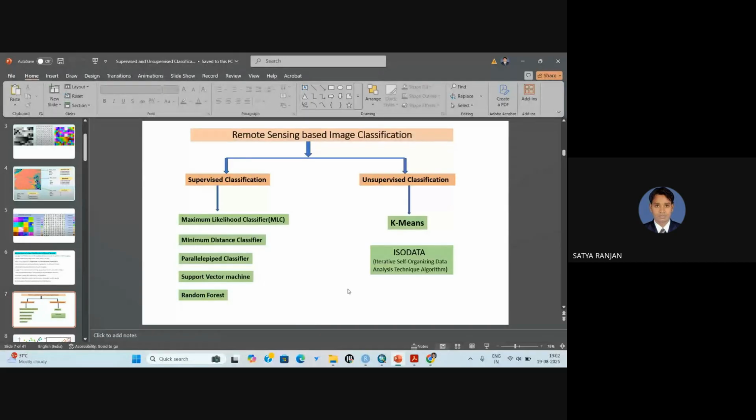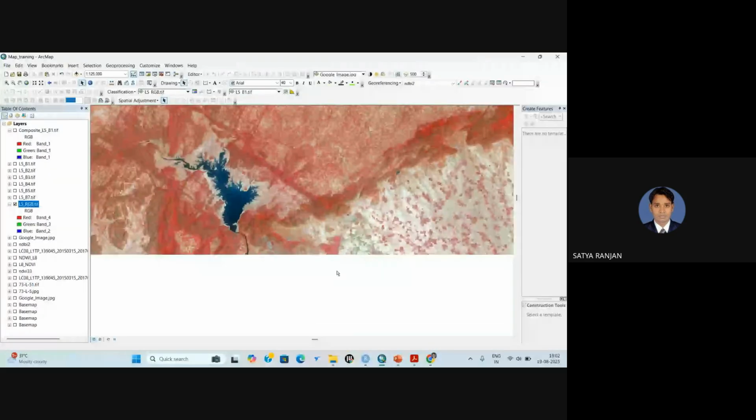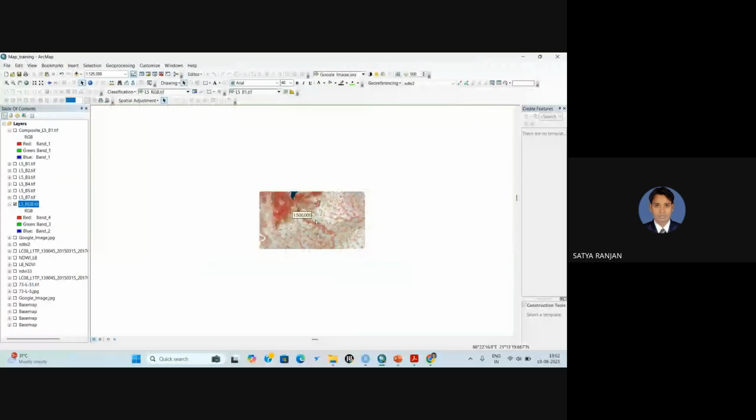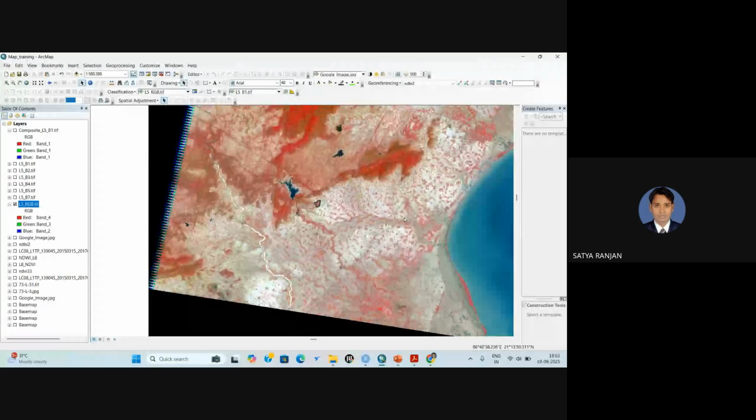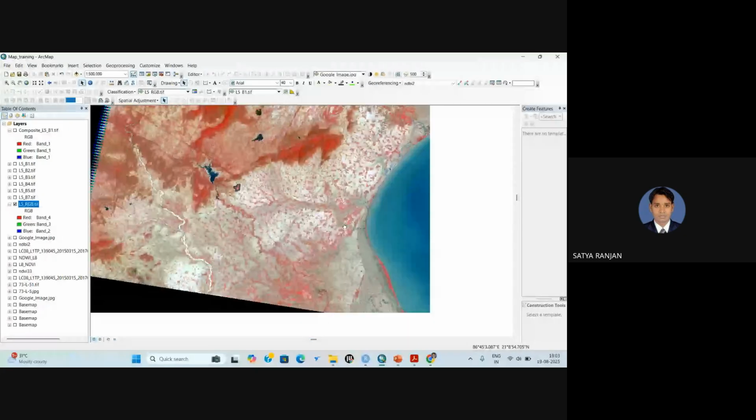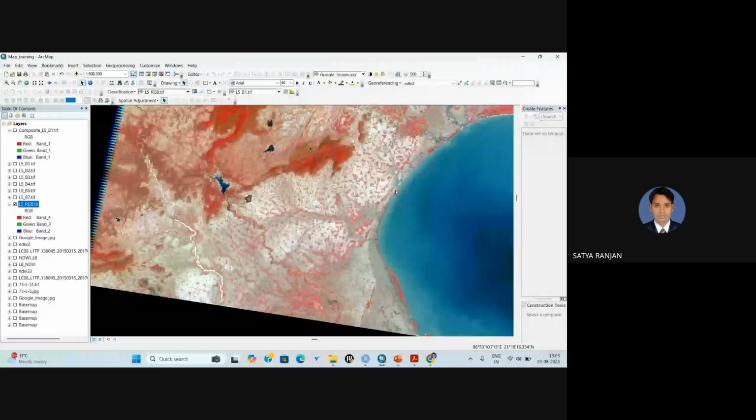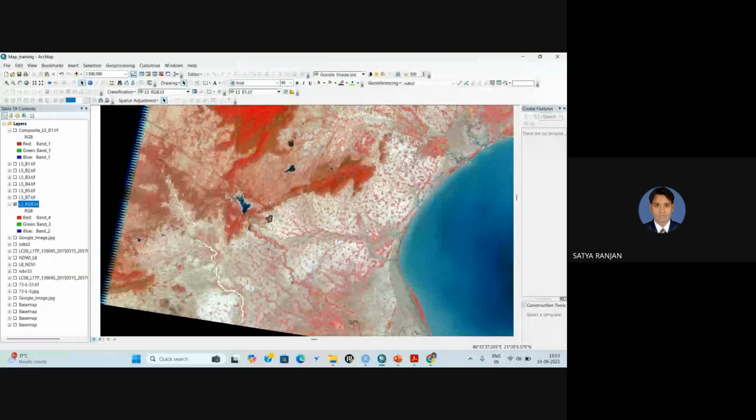Suppose this is a satellite image. We check that there are water bodies, forest areas, some agricultural land, some wetland, mangrove areas, some sea water, and one sand area.